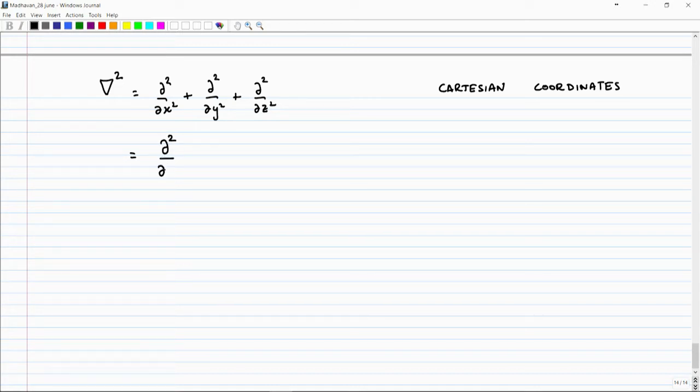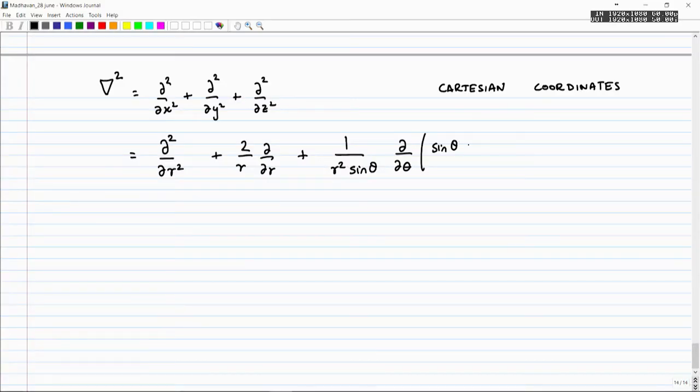So you have a ∂²/∂r² term. Then you have a term that looks like (2/r) ∂/∂r. Then you have 1/(r² sin θ) times ∂/∂θ of (sin θ ∂/∂θ).